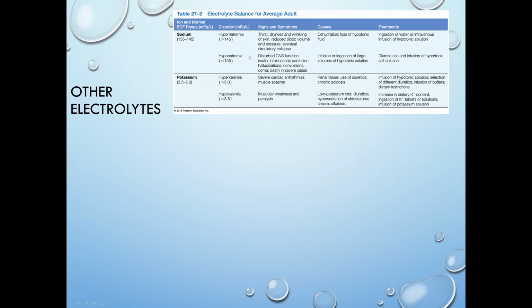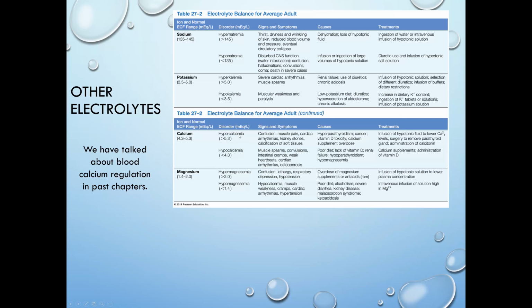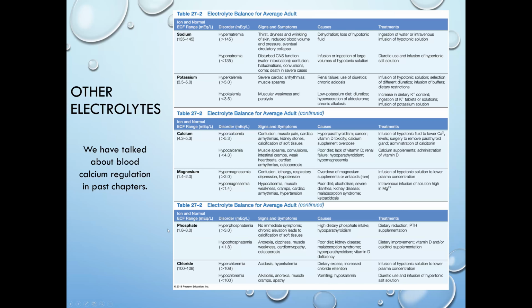We've actually talked quite a bit about blood calcium regulation in past chapters, so I am not going to revisit it here, but there is also information on the causes of hypo and hyper conditions in both calcium and magnesium, as well as phosphate and chloride ions. You can also see what signs and symptoms of these hypo or hyper conditions entail, what can cause them, and what the treatments are. This is provided more for your information, but if I'm going to test you over anything, it would just be over the sodium and potassium information that we covered.